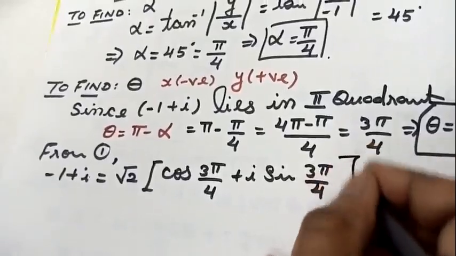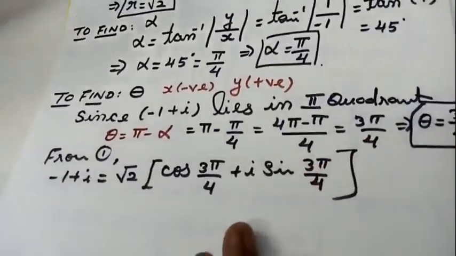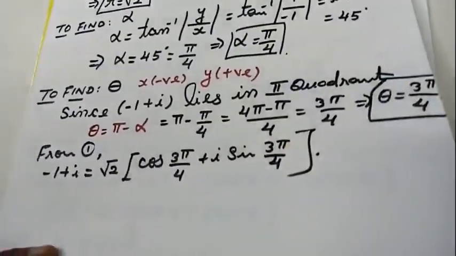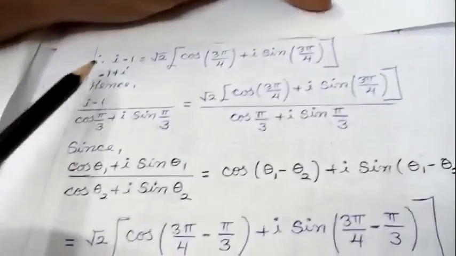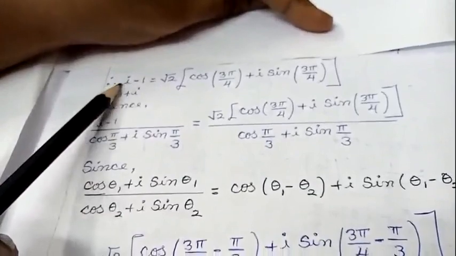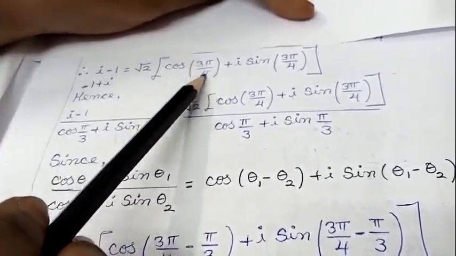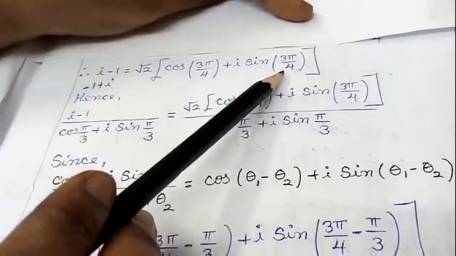So this is the value I am getting here, students. So what is the value for minus 1 plus i? That is, I have written here as root 2 (cos 3 pi by 4 plus i sin 3 pi by 4). You'll be having a doubt.